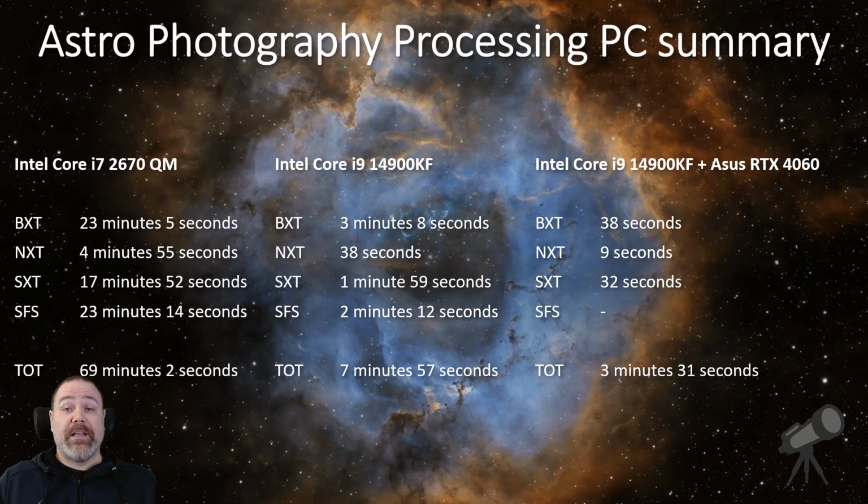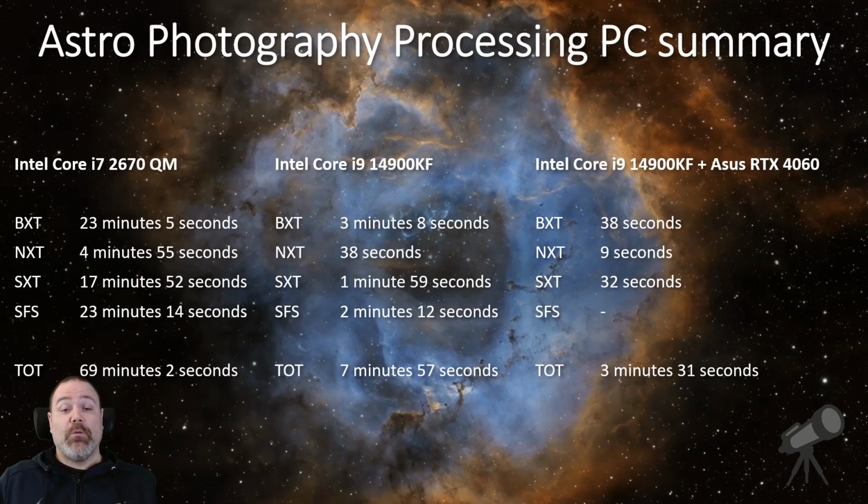As a final test, I ran the subframe selector using 196 drizzled 2x light frames from my latest projects. Oh, by the way, keep an eye out for that video, it will come shortly.